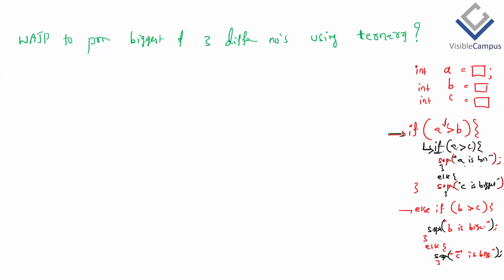Then only B and C are there. We compare and conclude B. If this is also false, then C is biggest. So these are the outer if else conditions, and this is the nested condition for the first if only. This is the correct and fastest way of writing the biggest of three numbers program. Understood?